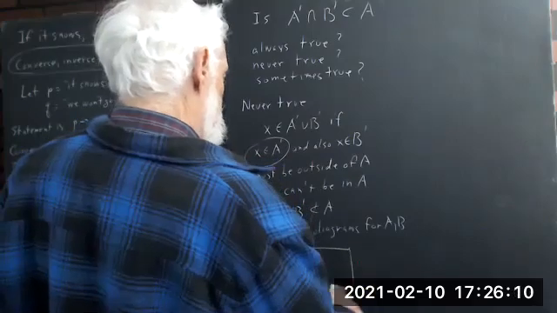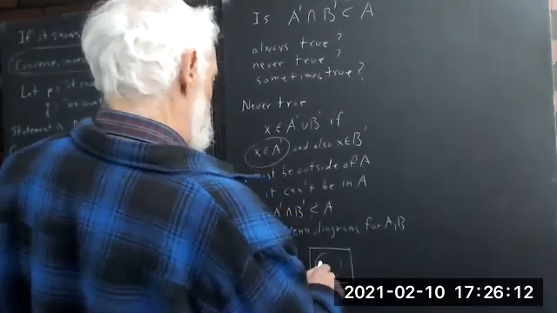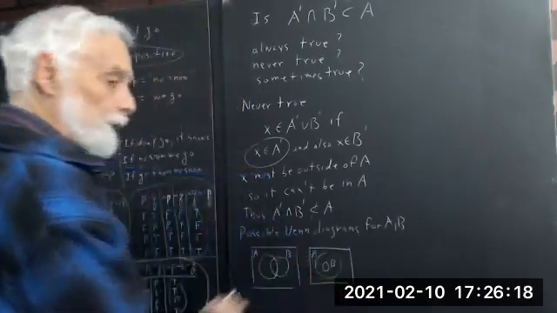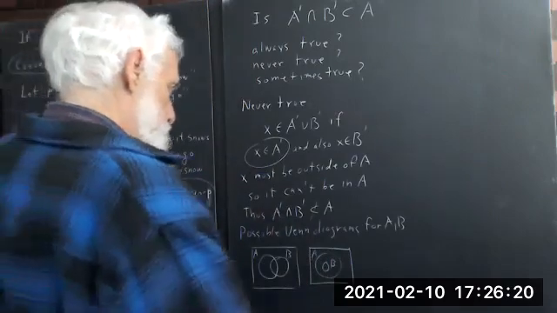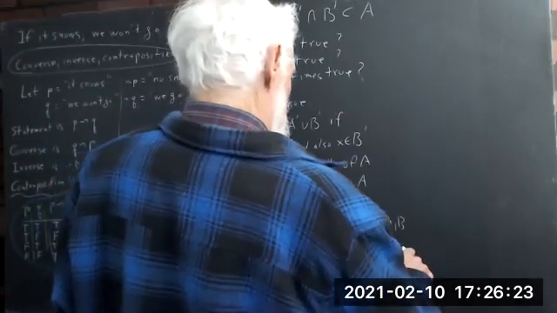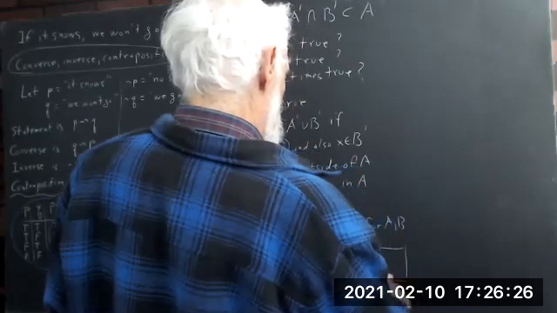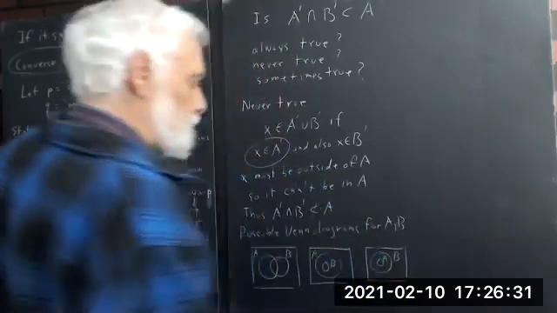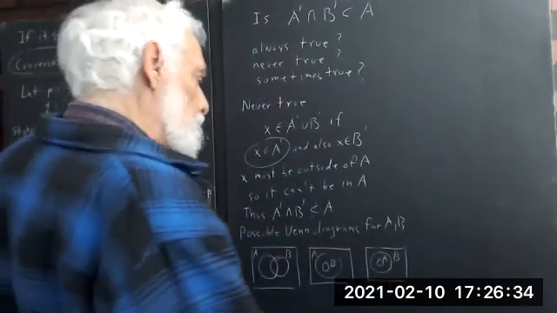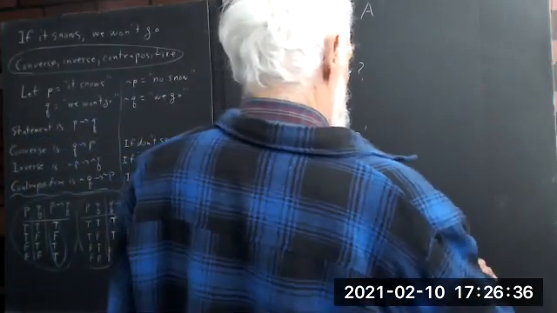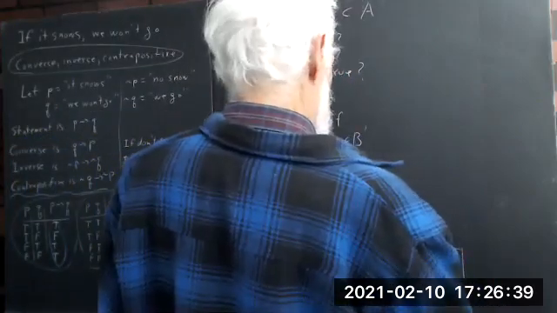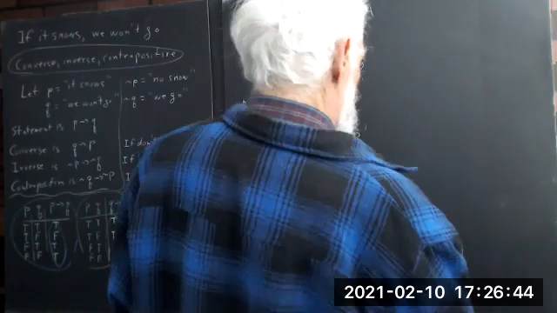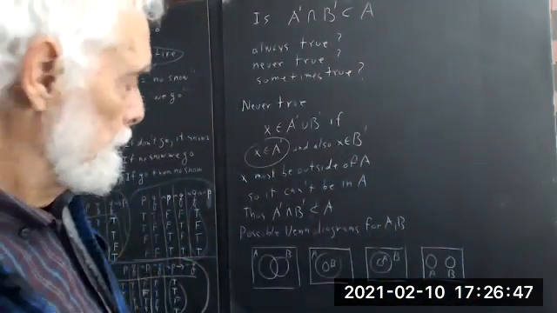But we could also do one where A is here and B is here, where B is a subset of A. Or we could draw it so that A is a subset of B, or so that A and B don't overlap.